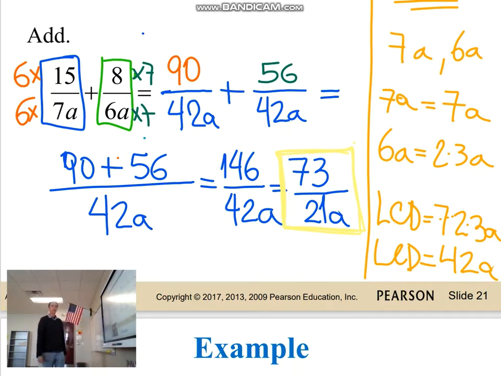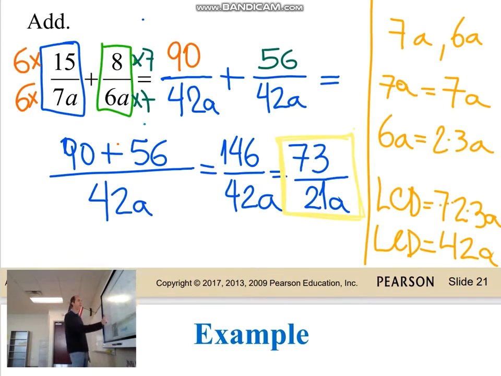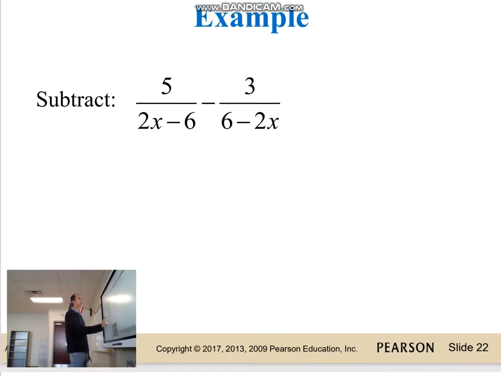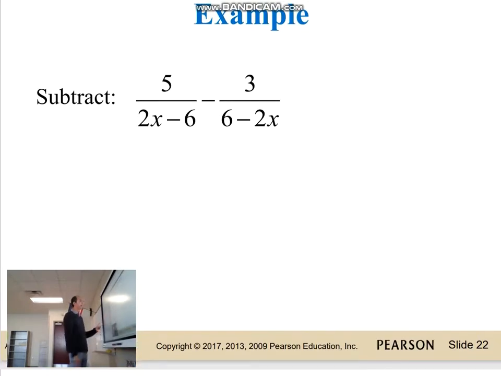Okay, now another example. We have subtraction. Subtract 5 over 2x minus 6 minus 3 over 6 minus 2x. But pay attention, this is an interesting example.